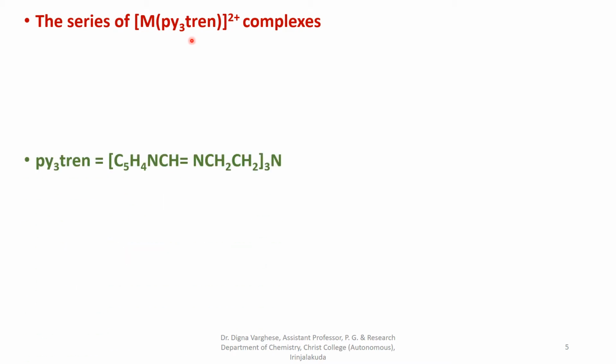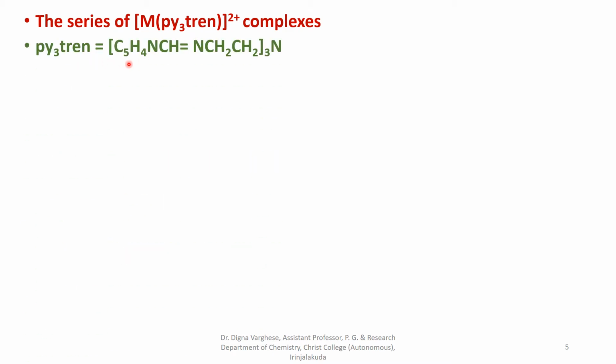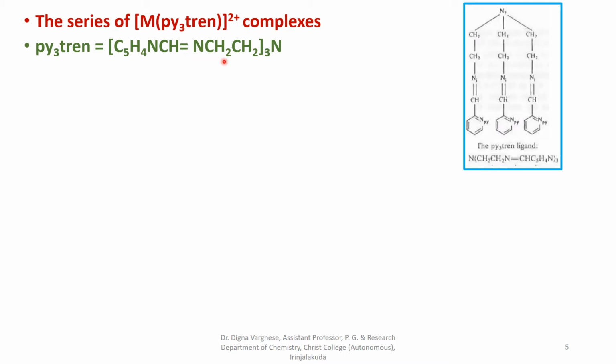It appears as though the seventh coordination is forced by the geometry of the other 6 coordinating atoms. For example, you can see a series of metal complexes derived from the particular ligand py3tren. Here the py3tren is (C5H4N-CH=N-CH2CH2)3N. The molecular structure of the ligand is shown here.